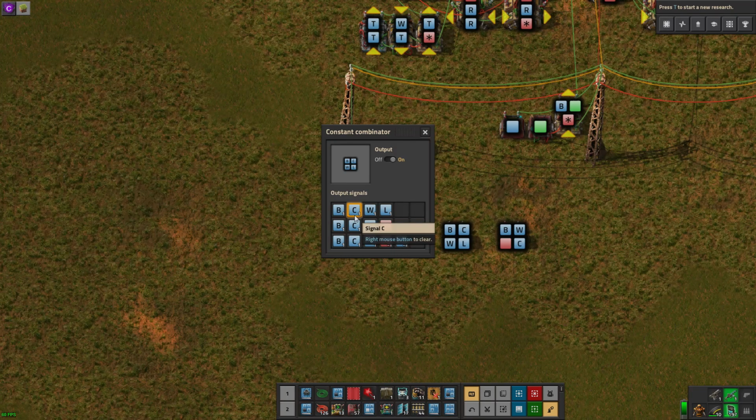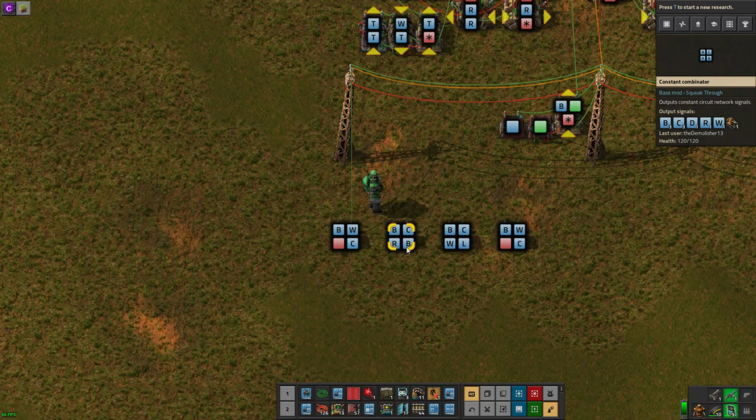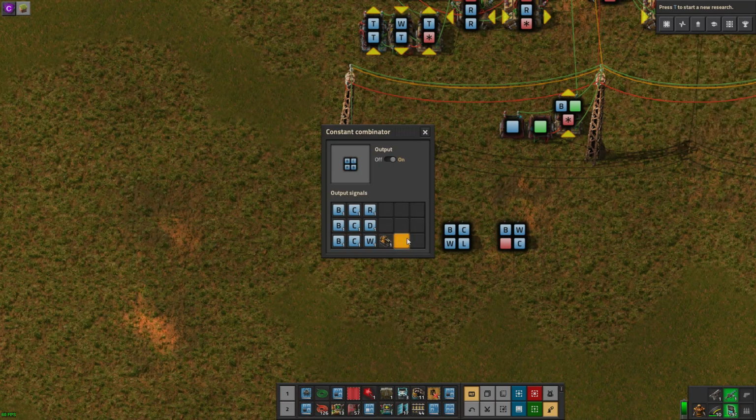Cell block, cell, write, lock. Cell block, cell, write, override lock. Cell block, cell, write, override lock, remove lock. Alright, so I hope that's a good example.